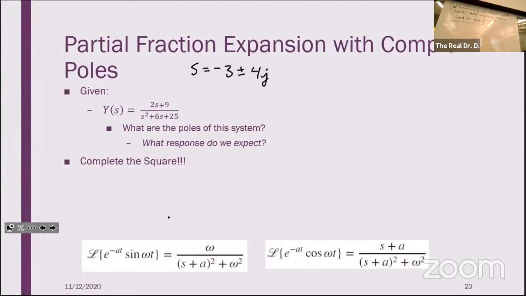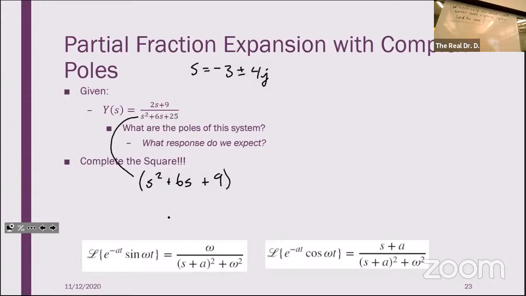So if I complete the square here, I'll get s squared plus 6s, plus 4 squared, or 16.